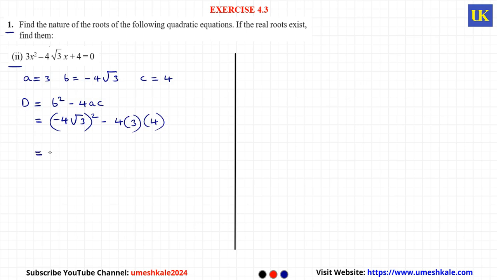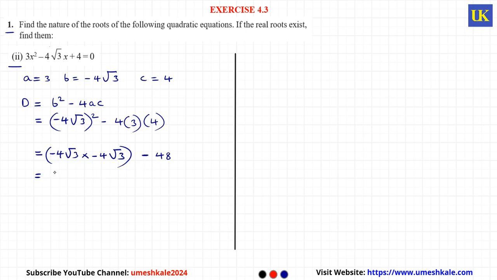Minus 4 root 3 square it is. So I can simply write it like this: minus 4 into root 3, right? And this next part, 4 threes are 12, 12 fours are 48. So 48, I will solve this.